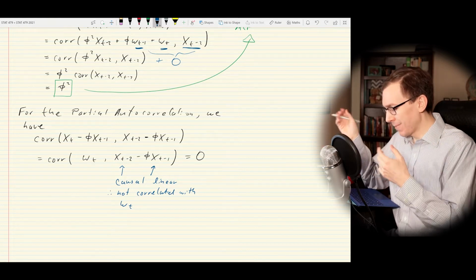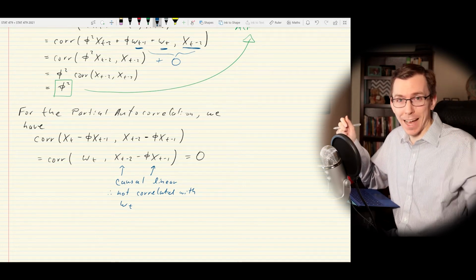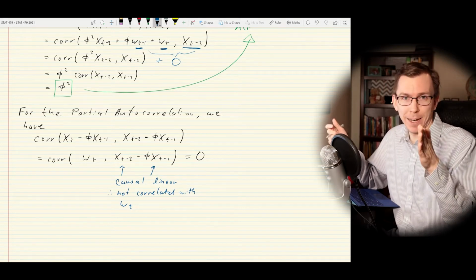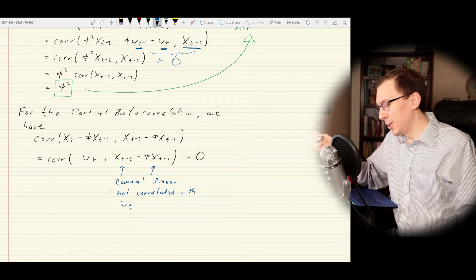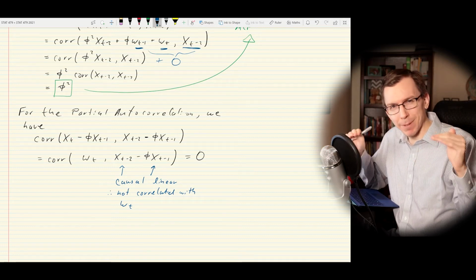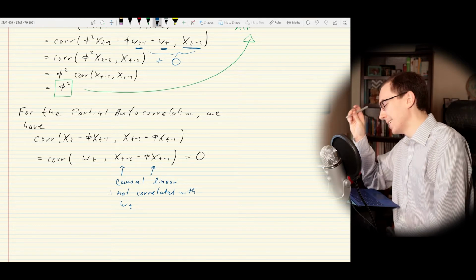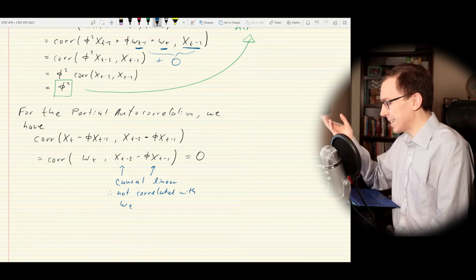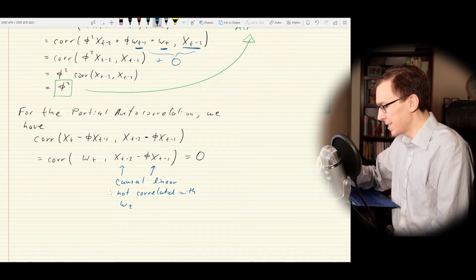Xt minus 2 only depends on white noise from t minus 2 into the past, and xt minus 1 only depends on white noise from t minus 1 into the past. Therefore, they don't depend on WT. All the white noise has to be at minimum uncorrelated, very often independent. Therefore, we get a 0 there, and we're done. That's kind of neat. So at lag 2, the partial autocorrelation is 0.